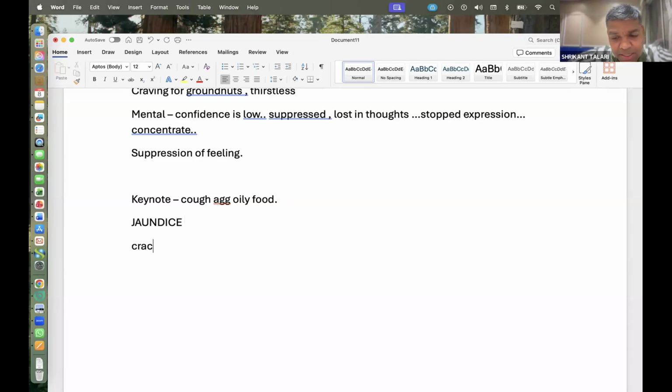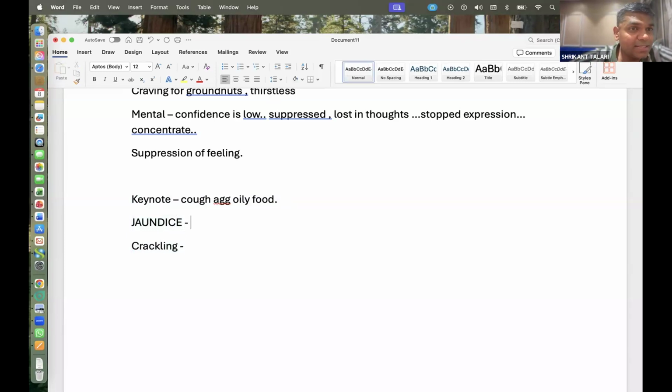Then I look at the third symptom. What is the third symptom? That is crackling in joints. He says this is a genetic symptom only. My sister has it, you are treating her. So the two genetic symptoms are jaundice and crackling, and for these two I would like to characterize.